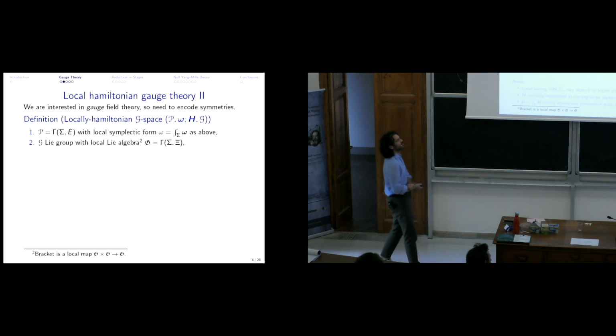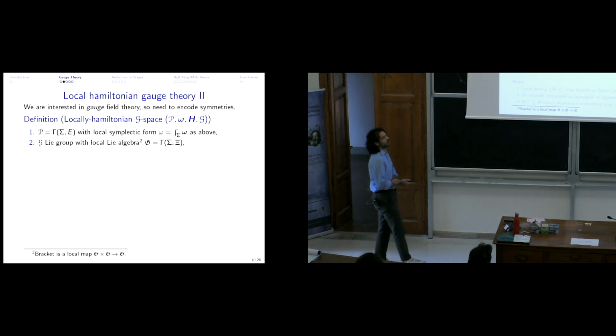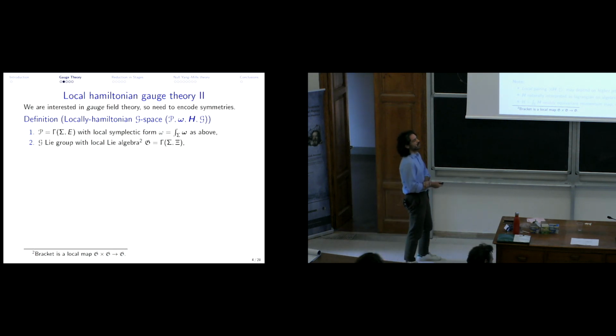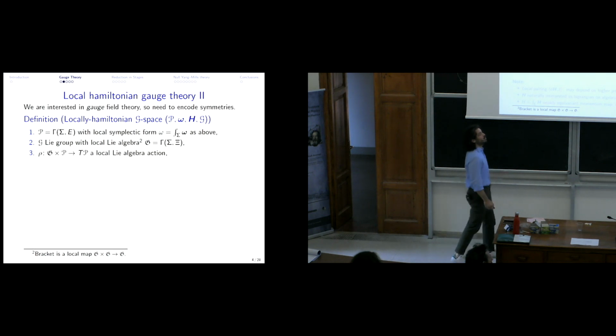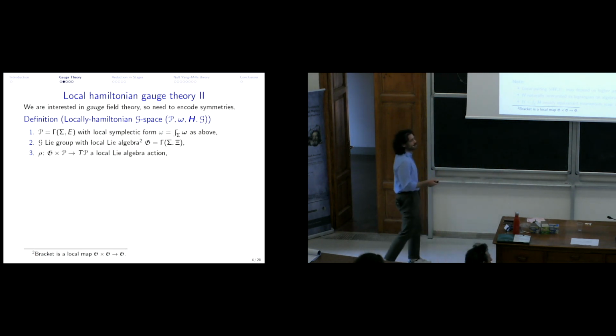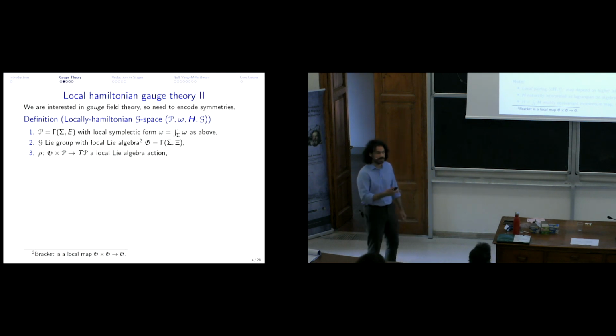I want a gauge group, so a local Lie group, which integrates a local Lie algebra, which is just the sections of some vector bundle with a Lie algebra structure that is also local. I want the action of this Lie algebra over the space of fields to be local. Here, local again means that it only depends on sections and a finite number of derivatives, okay?